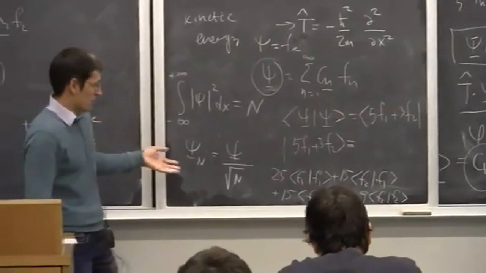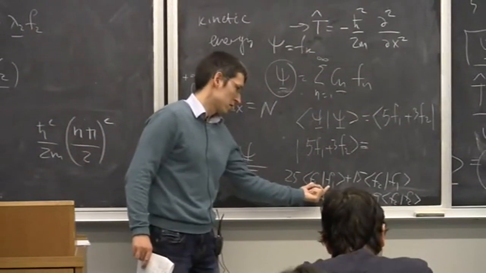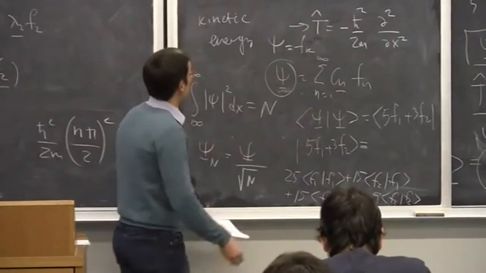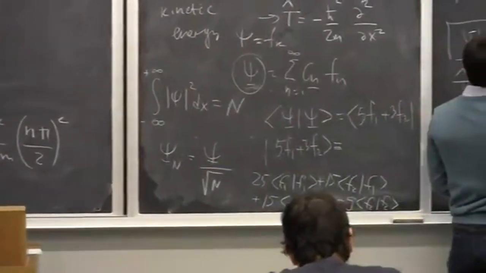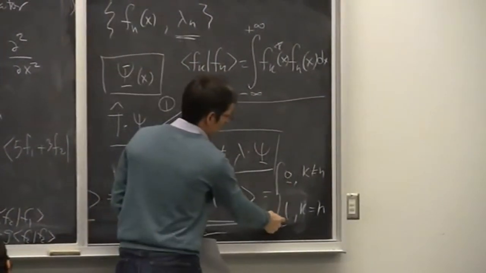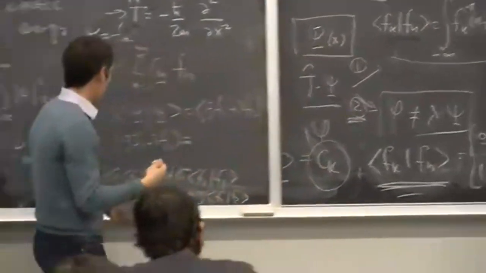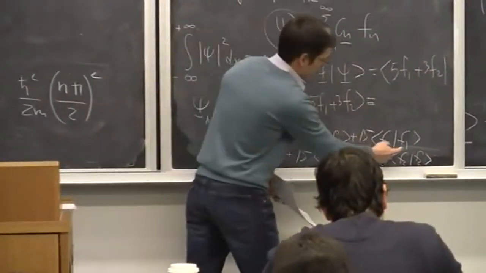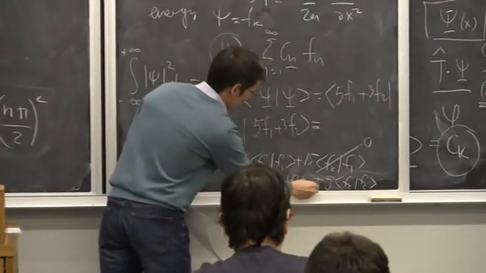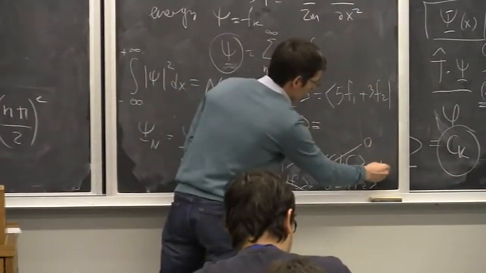So now the easy part is that I already know what these inner products are, because they're inner products of eigenfunctions, and we know that if you take the inner product of functions k and n, it's always going to be 0 or 1, depending on whether k equals n or not. So (f2, f1) goes to 0, (f1, f2) goes to 0, (f1, f1) goes to 1, (f2, f2) goes to 1.